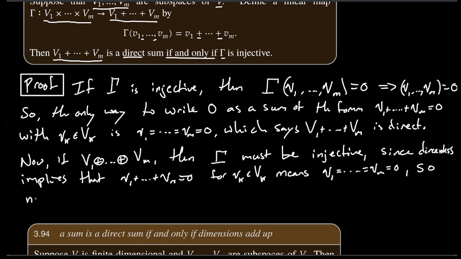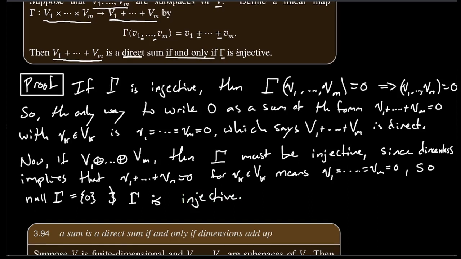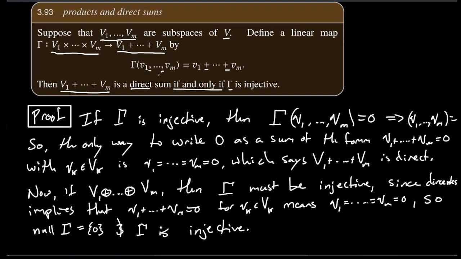So null gamma is just 0, and gamma is injective. Hey, cool. All right. So the injectivity of the map that replaces the commas with pluses is equivalent to the directness of this sum. Pretty neat.